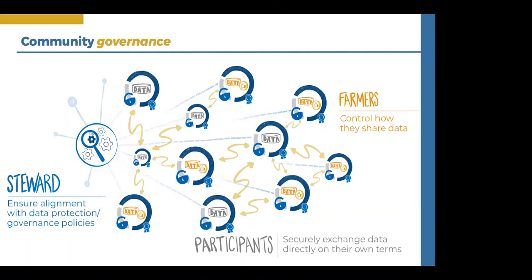In the work that we're doing in India and Ethiopia, we see the ministries of agriculture taking on that steward role to begin with, but we envision that steward role, just like you have on the World Wide Web, being eventually managed by a consortium of public and private actors who have the role of certifying which actors can be part of this network, and what usage policy templates they can use in their network that conform, for instance, to jurisdictional data protection laws around encryption or privacy and the like. So that's the larger ambition.